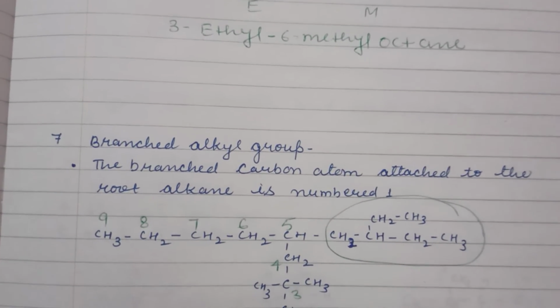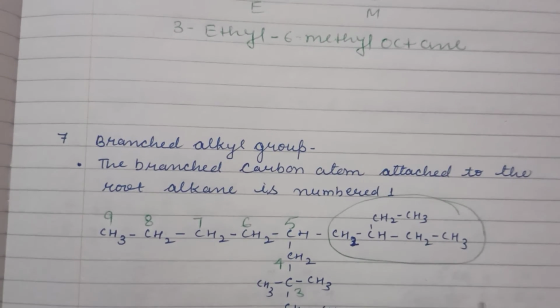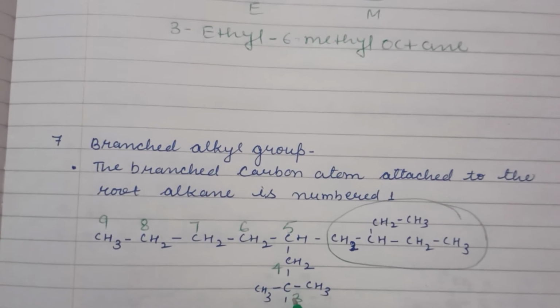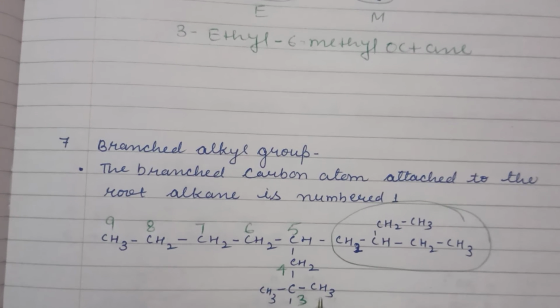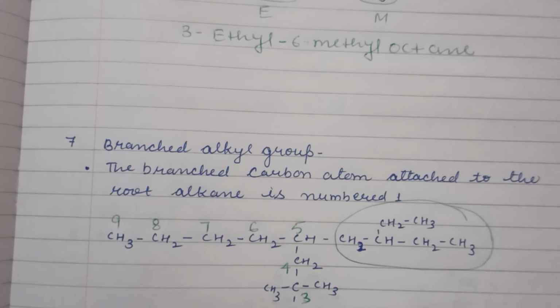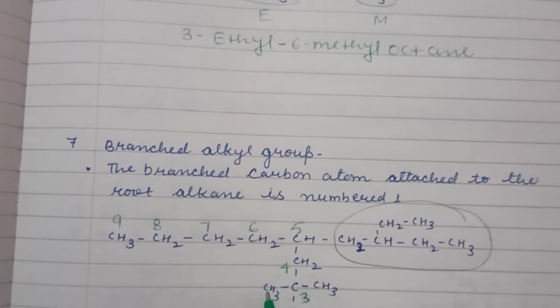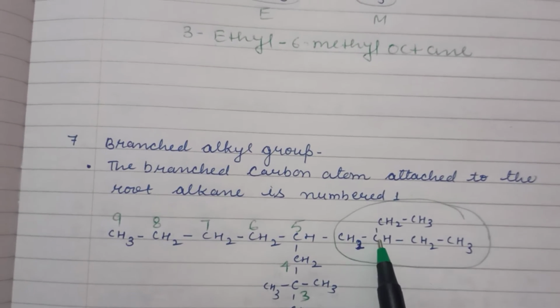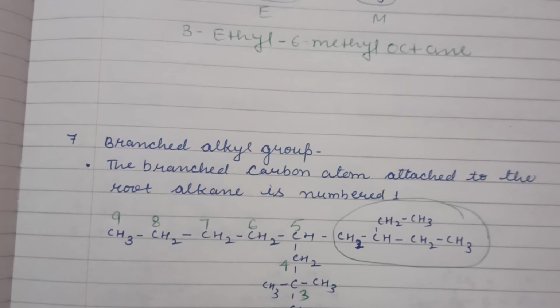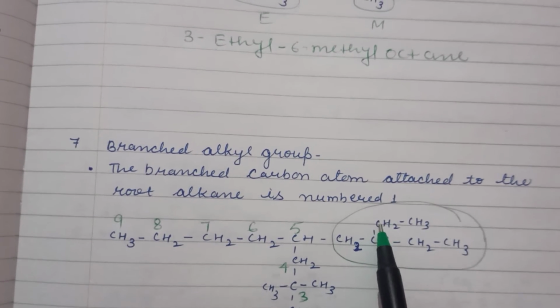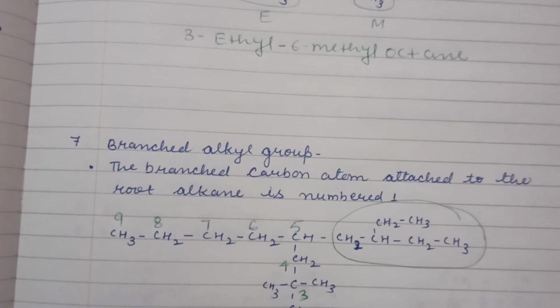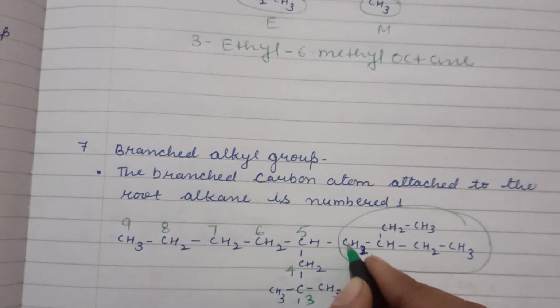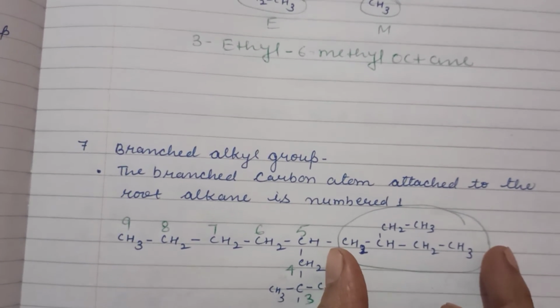How you will name? Okay, so let us start. Here also we have to follow alphabetic order. This is methyl group. Okay, and this group is butyl group, and here ethyl group is present. So you will number this group also.